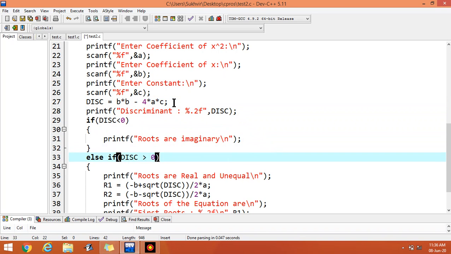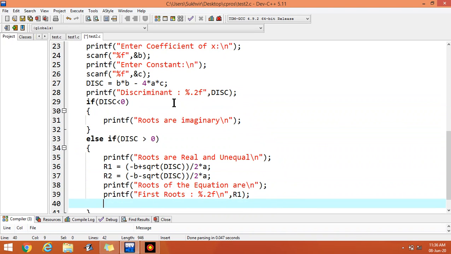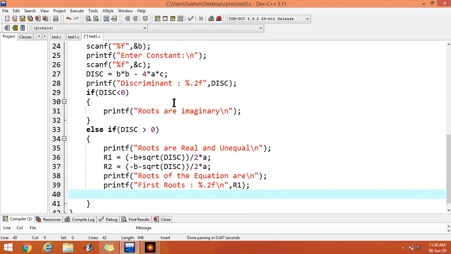If the discriminant is less than 0, roots are imaginary. If the discriminant is greater than 0, roots are real and unequal. Minus b plus square root discriminant divided by 2a, then r2, then the printing of roots of the equation: first root.